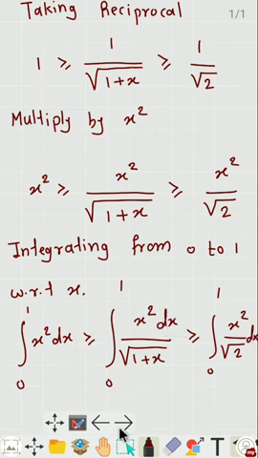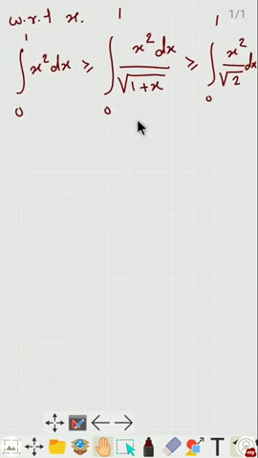So this is the inequality, and we find the integration on the left hand side and the right hand side.